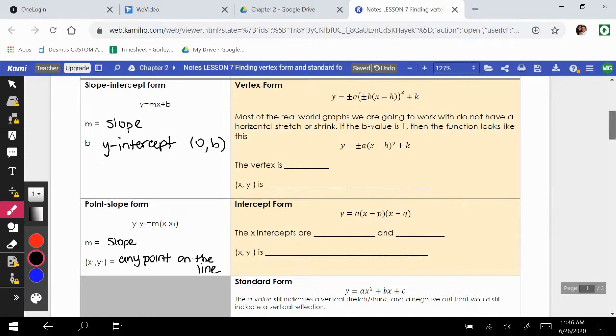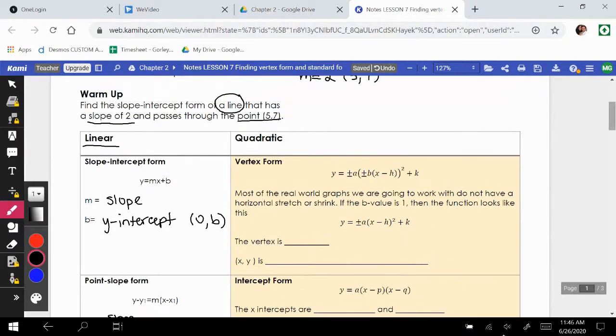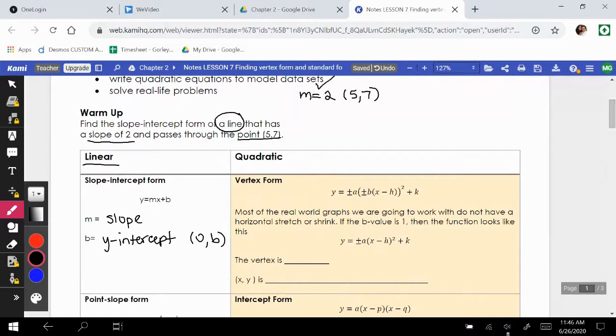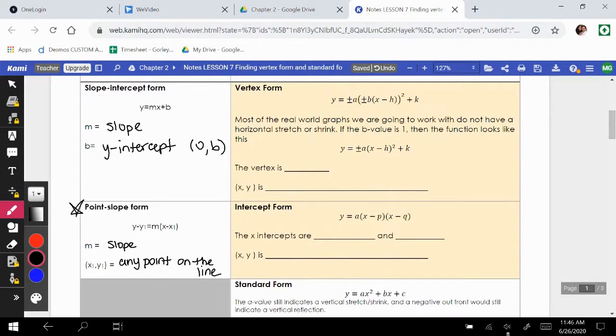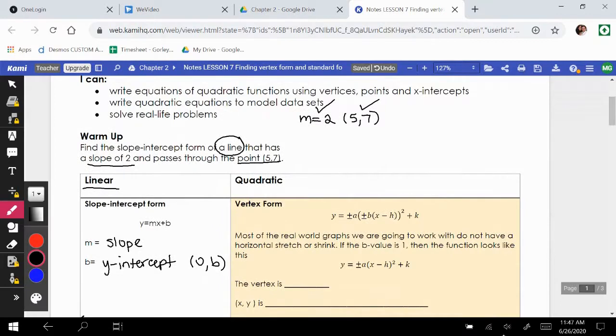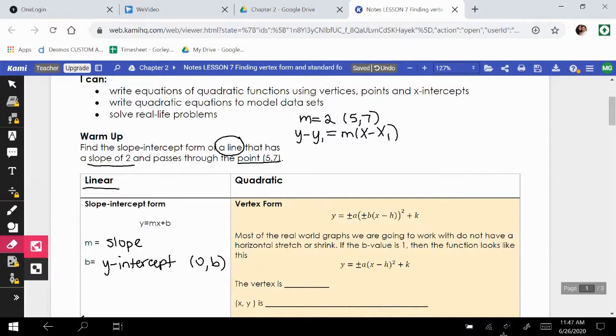Okay, so in this problem, because we're given a slope and a point, I would use point-slope form. So I'm going to write y minus y1 equals m times (x minus x1), and I'm going to plug in the different components that we see here.